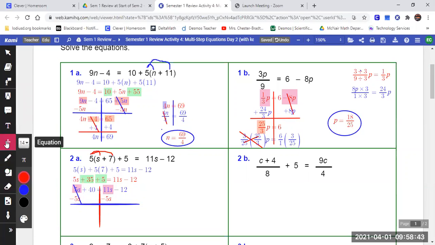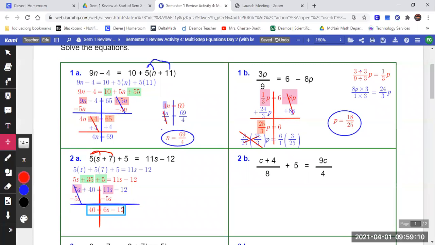What is left on that left-hand side once that 5s is gone? 40. And that 40 has to equal, do the math for the right-hand side because we moved right. 6s minus 12, right? Because the minus 12 is still there.